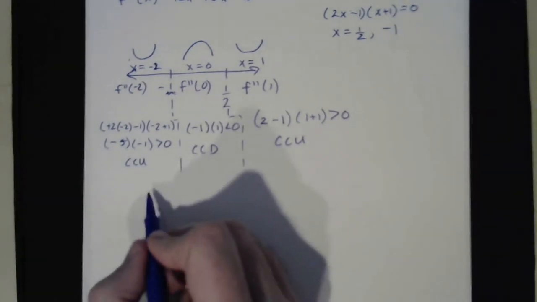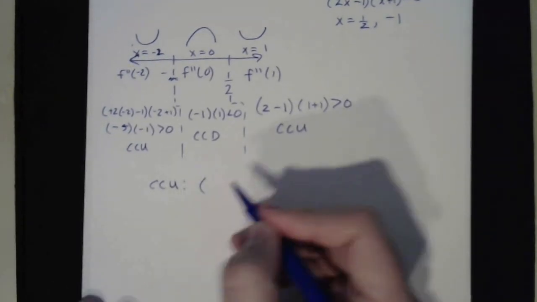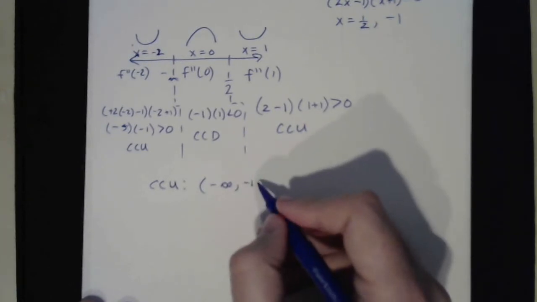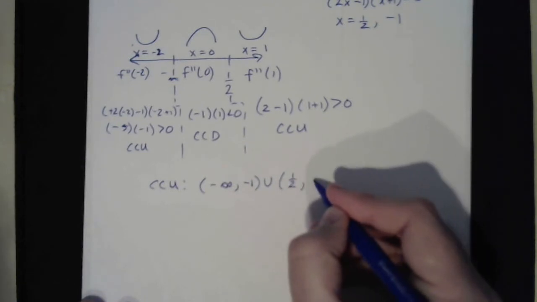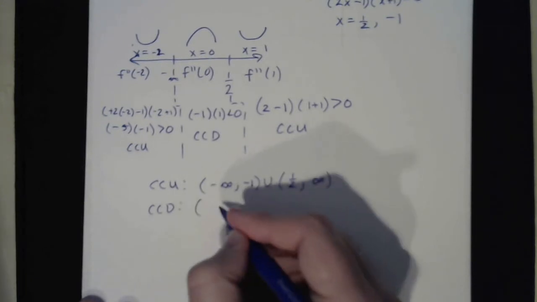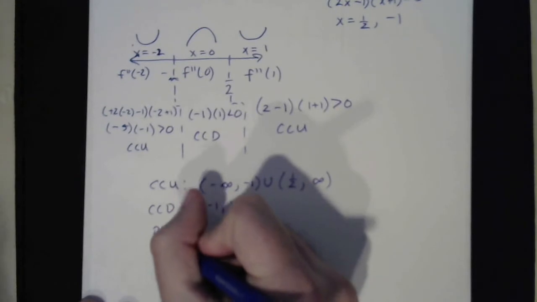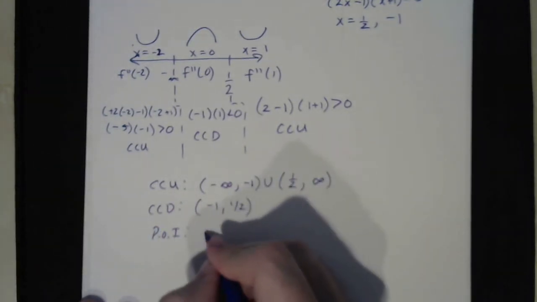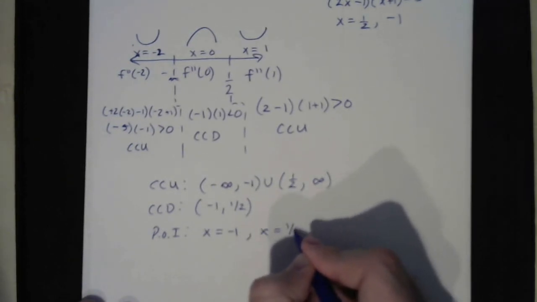So our intervals of concavity: concave up from -infinity to -1, union 1/2 to infinity, or concave down from -1 to 1/2, and our points of inflection are x equals -1 and x equals 1/2.